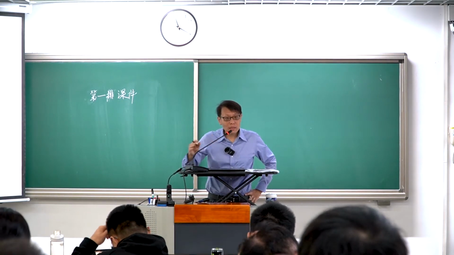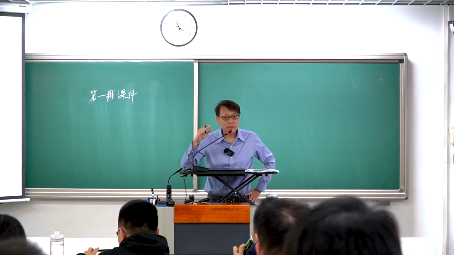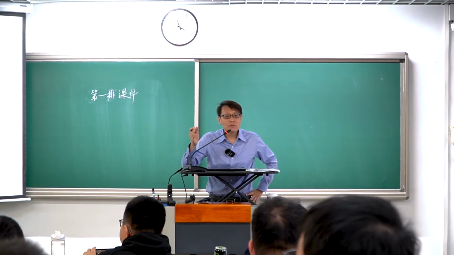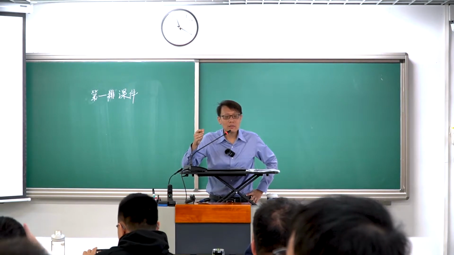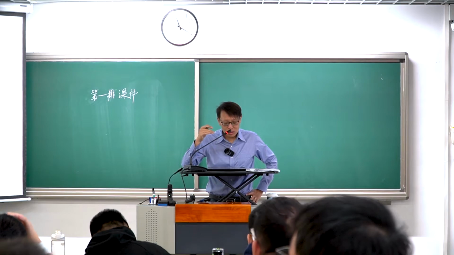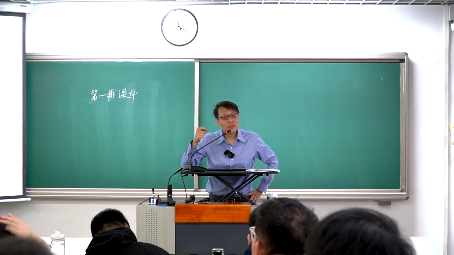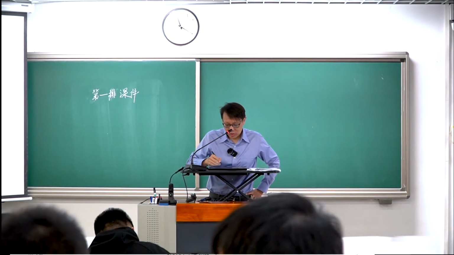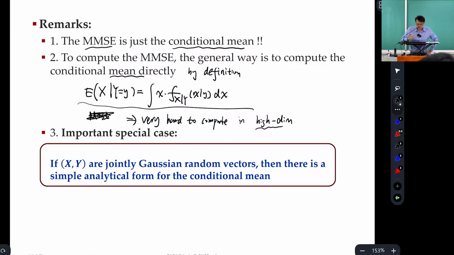Let's go back. I think we'll give you examples later on, but for now, I want you to truly understand the foundations, the math, and the fundamental nature. Fundamentally, Kalman filter or the minimum mean square estimate is just trying to compute conditional expectation. As I mentioned at the end of the last lecture, it's very hard to compute.